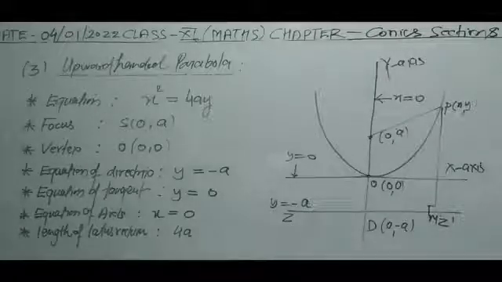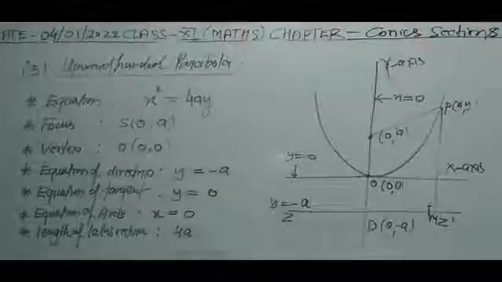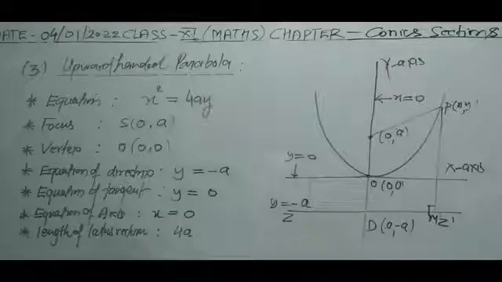now I will come to the next, fourth type. The fourth type of parabola is downwards parabola.